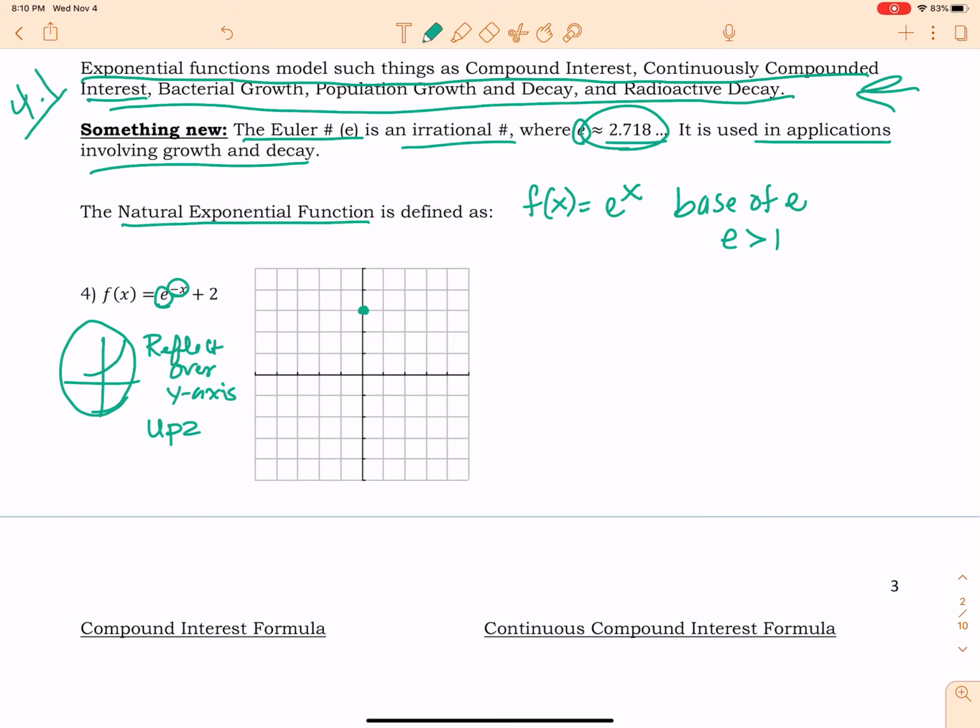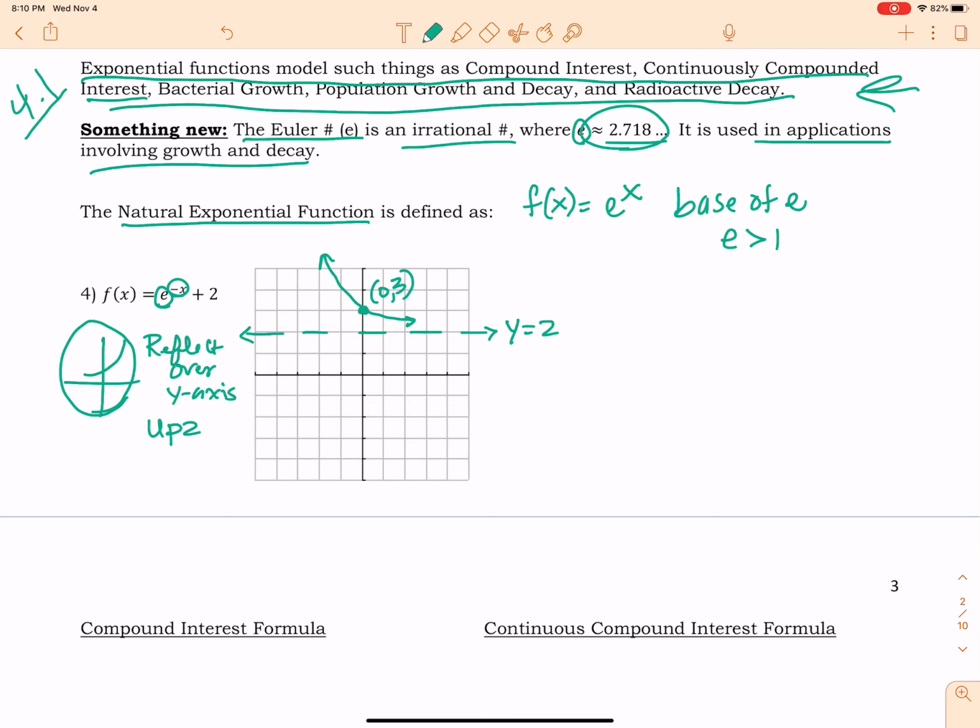That means my asymptote is also going to shift up, so y equals 2, and it's going to look something like that. Make sure you label that value. I'm just showing you how we would graph this. The rules for graphing don't change just because we're dealing with the Euler number. E has a value greater than 1, 2.718.